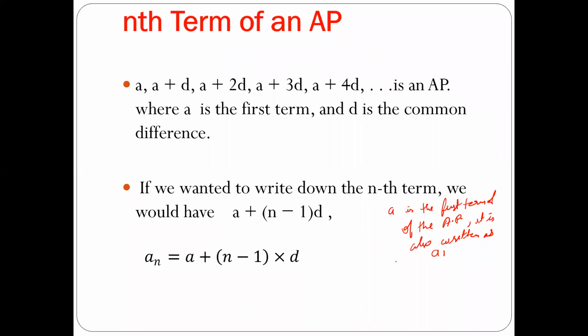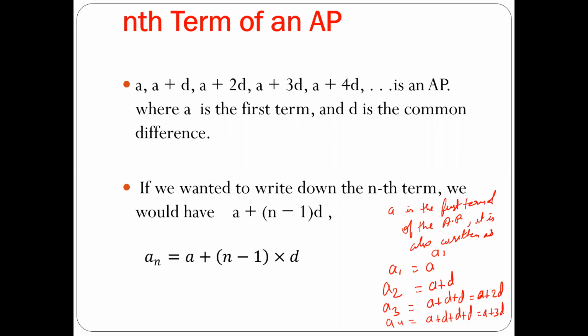So here A1 is equal to A, A2 is equal to A plus D, where D is the common difference. A3 is equal to A plus 2D. A4 is equal to A plus D plus D plus D, that means A plus 3D.